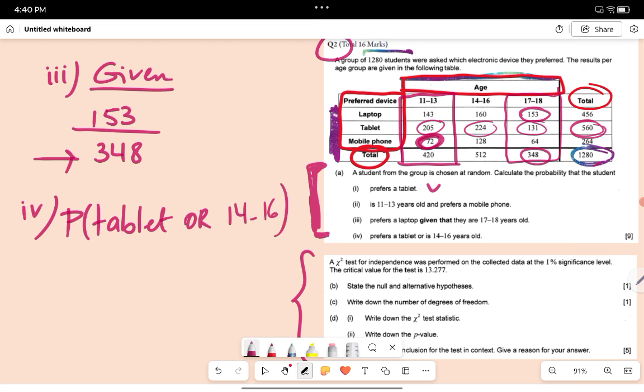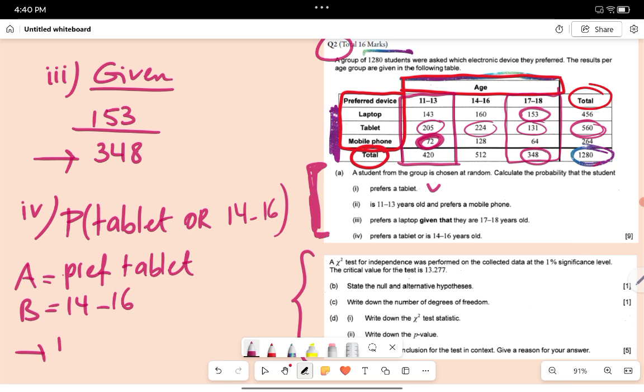So suppose we say A is preferring a tablet, and B is to be between 14 and 16, then we're looking for the probability of A or B, right? Because or is this, remember?